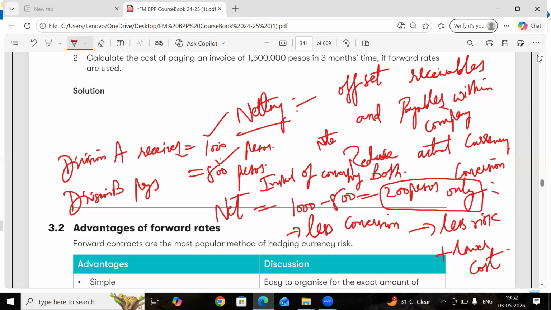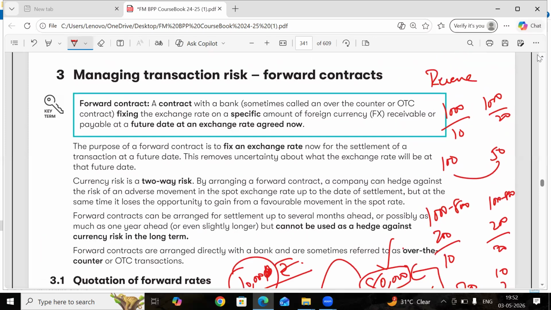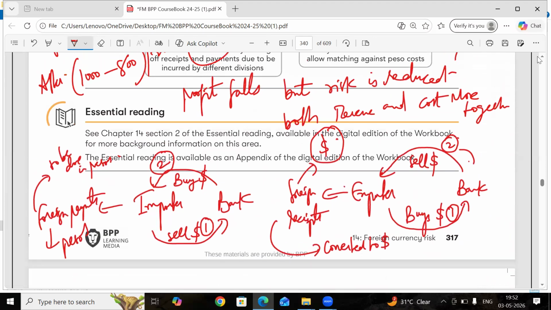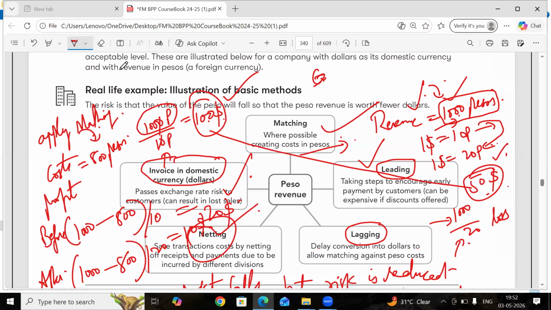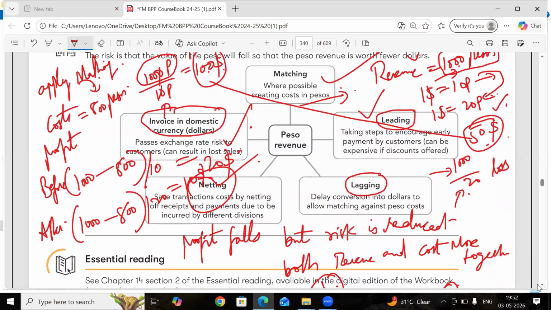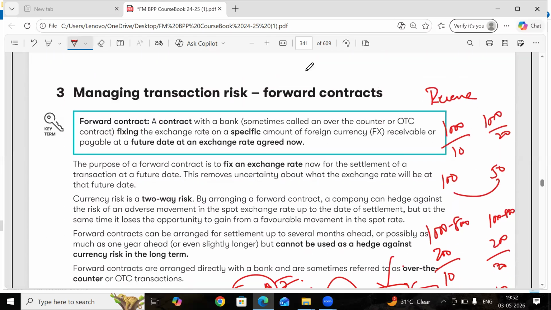Done, all of you? So today, as we have less time now, we are done with some methodologies of how we can reduce our foreign exchange risk. In the next class we will discuss managing transaction risk with forward contracts. We will first understand what forward contracts are and then move forward.